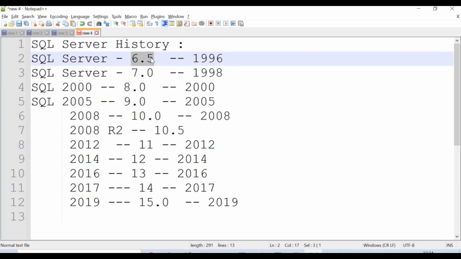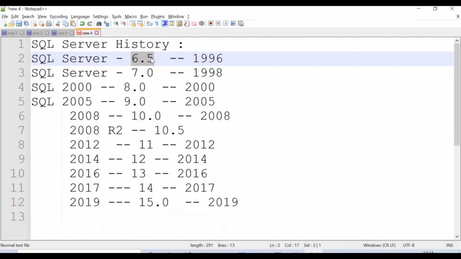The next version is SQL 7.0, introduced in 1998. I have never seen versions 6.5 and 7.0.